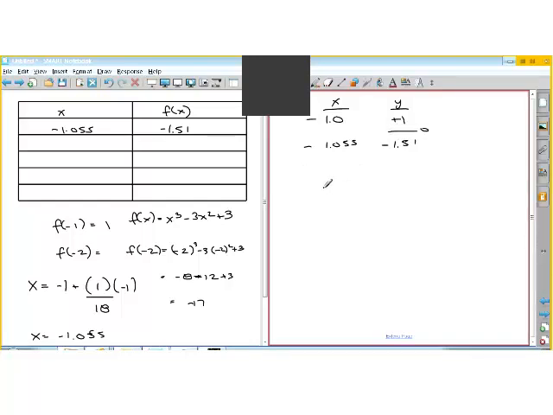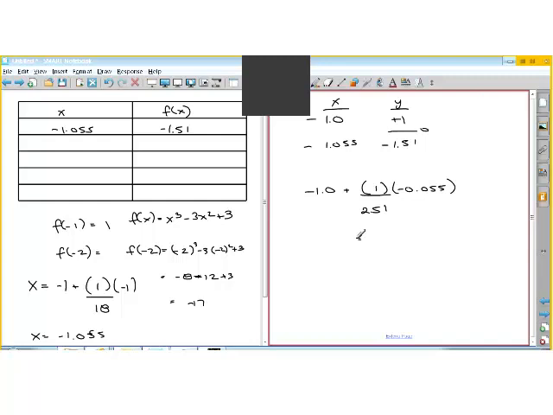So in this case, what I would do is I take -1 plus the ratio of 1, which is the distance from 1 to 0, and divide by the total difference here, which is 2.51, and then multiply by this difference, which is going to be -0.055.